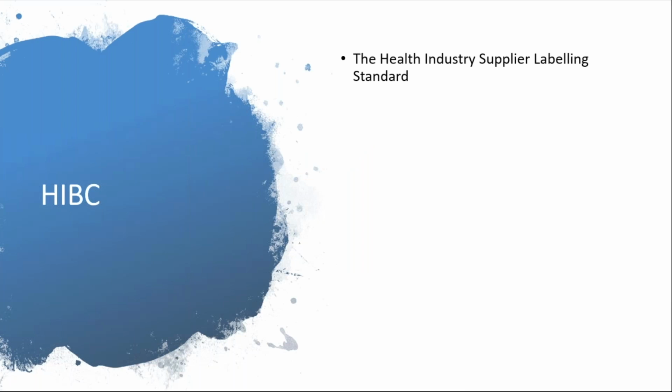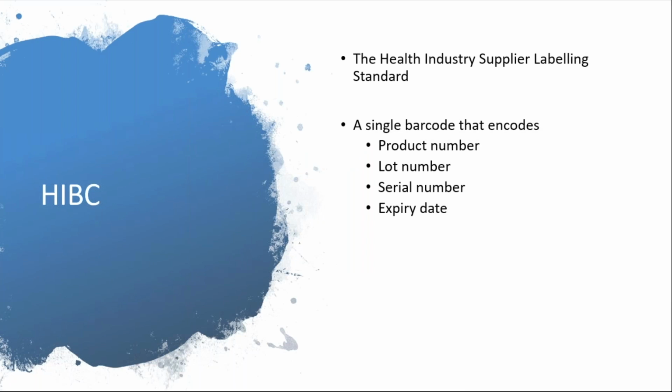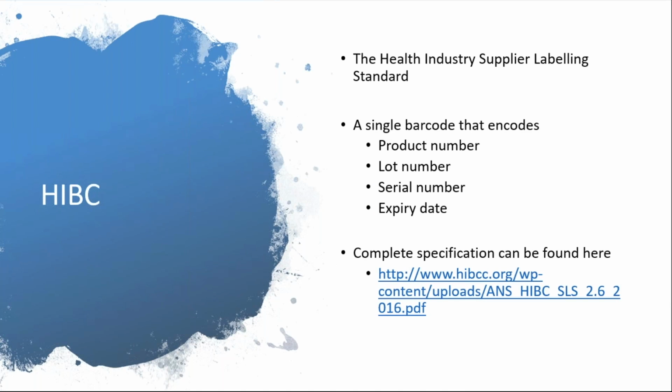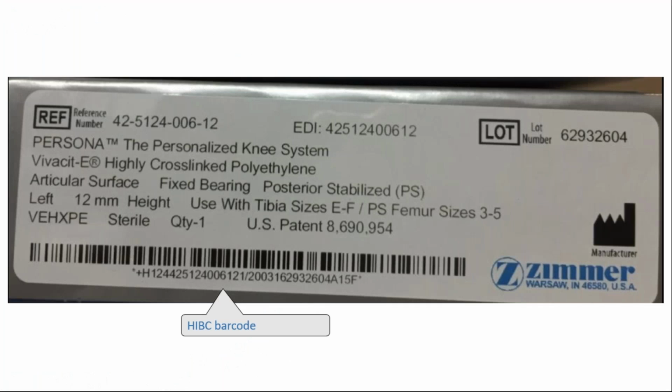HIBC is for the health industry or medical instrument business, and it also includes lot, serial number, and expiry date, and there's a specification for HIBC as well. And this is an example of an HIBC format. So this is for medical instruments, and you can see the lot number information. It's also based on EDI purchasing, and it's got some description information that's specific to this type of device that the barcode's been produced for.